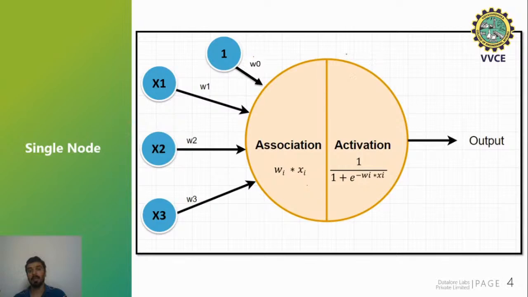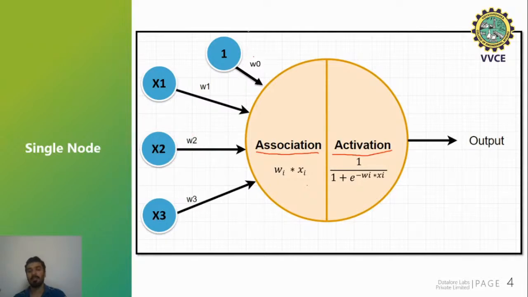In each of these neurons, two calculations happen. The first one is called association, or also summation, and the next thing that happens is called activation. In association, we just calculate the weighted sum of all the features. Let's say we have features x1, x2, and x3. Also, let's call this one x0, where x0 is always 1. So what happens here is 1 into w0 plus x1 into w1 plus x2 into w2 plus x3 into w3.